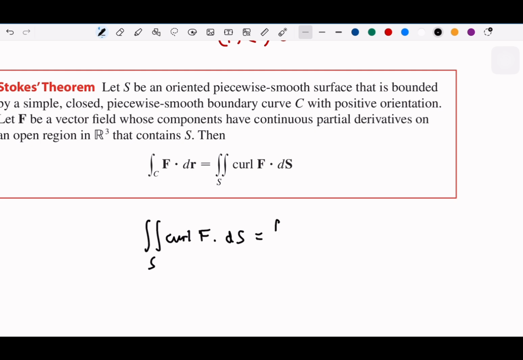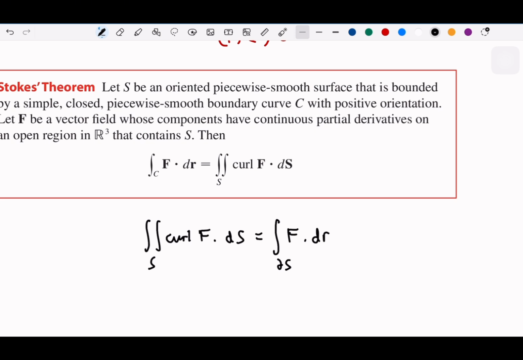Sometimes we can write not just with a line integral. We can write with the partial S, or Leibniz S. They are the same thing. Sometimes they write in these forms. So instead of oriented surface S, we can write it as the partial S.